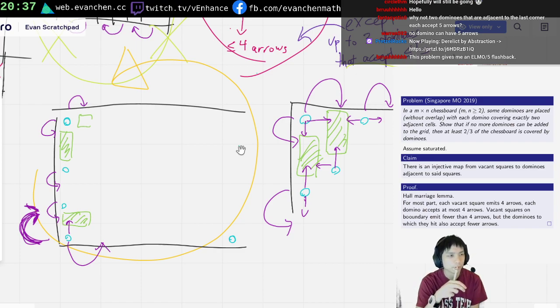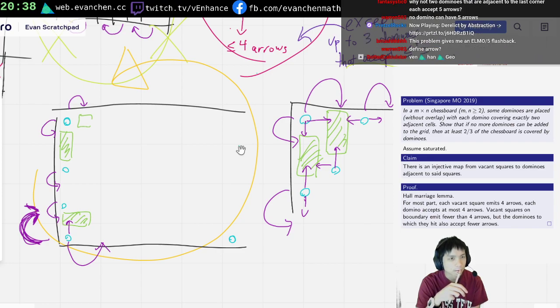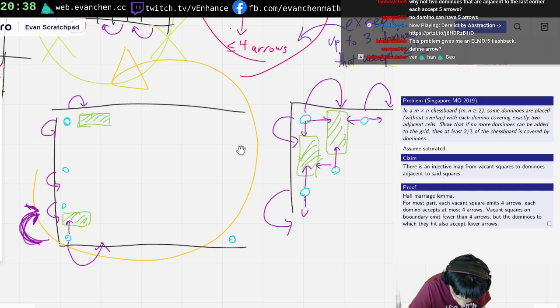Shoot, did I flip all the arrows' directions? Crap. I think I flipped some arrow directions. Sorry. Change of plan. We're going to assume this one is the one that's contained inside that border. Shoot.